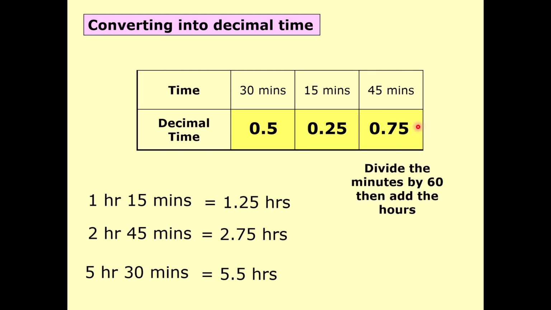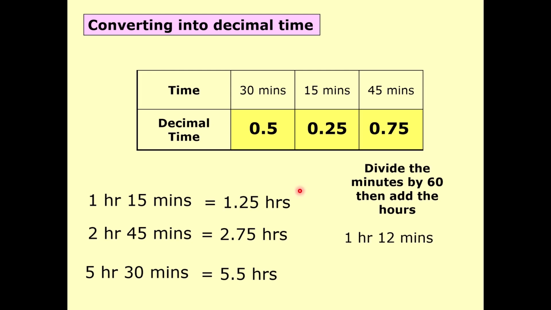If you're not sure about anything, you can always think about, well, you take your minutes and you divide them by 60 and then add on your hours. So 30 divided by 60, you would get 0.5, 15 divided by 60, 0.25, 45 divided by 60, you would get 0.75. And then we're just adding on our hours.